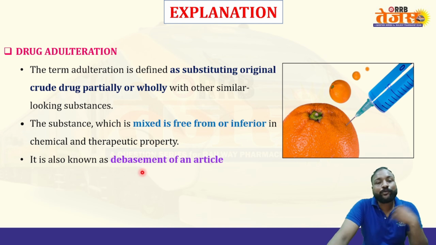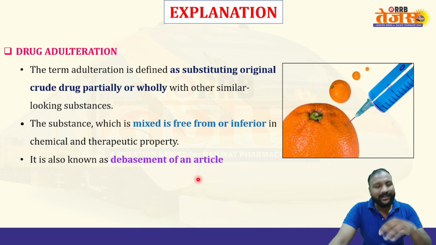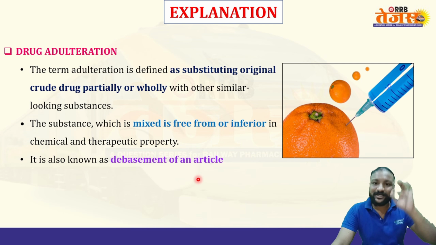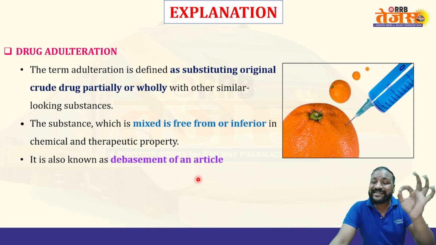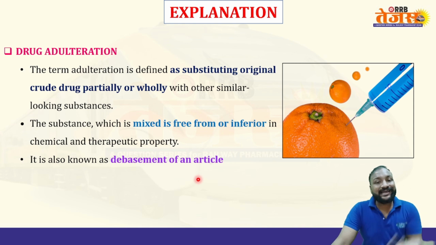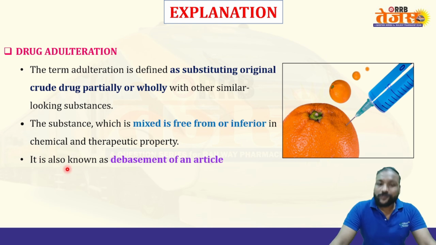Debasement is nothing but removing or lacking of an article, and here the article refers to the active principle. Because the person substitutes the original crude drug with similar looking substances, which may or may not have the genuine principle, the active principles are lacking, so it is also known as debasement of an article.